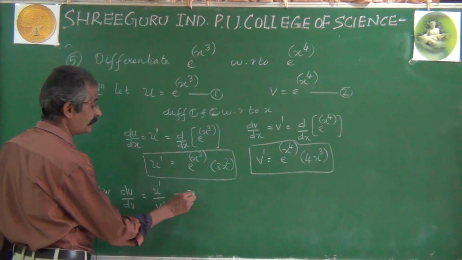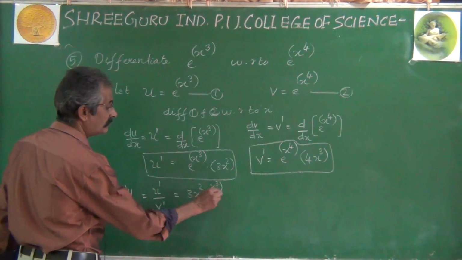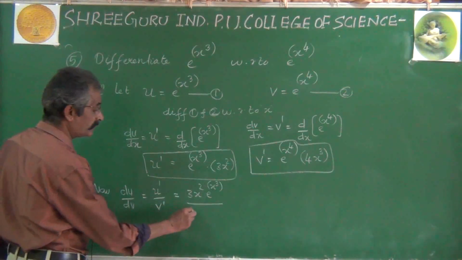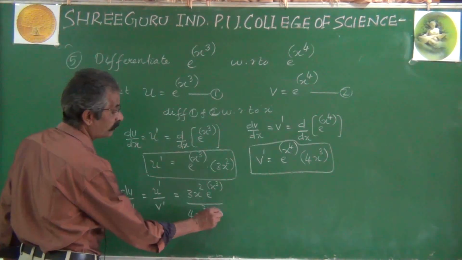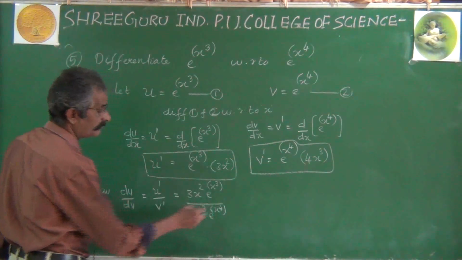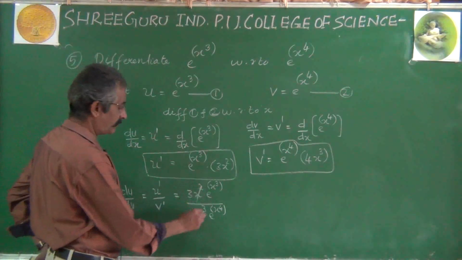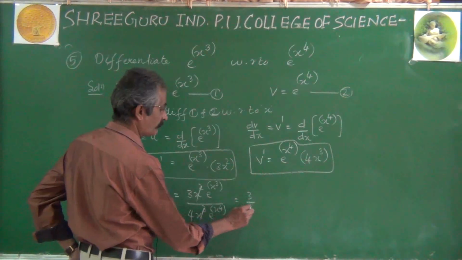U dash value is 3x square into e power x cube, divided by v dash value, which is 4x cube into e power x to the power 4. Here x square will cancel out. That is 3 by 4.